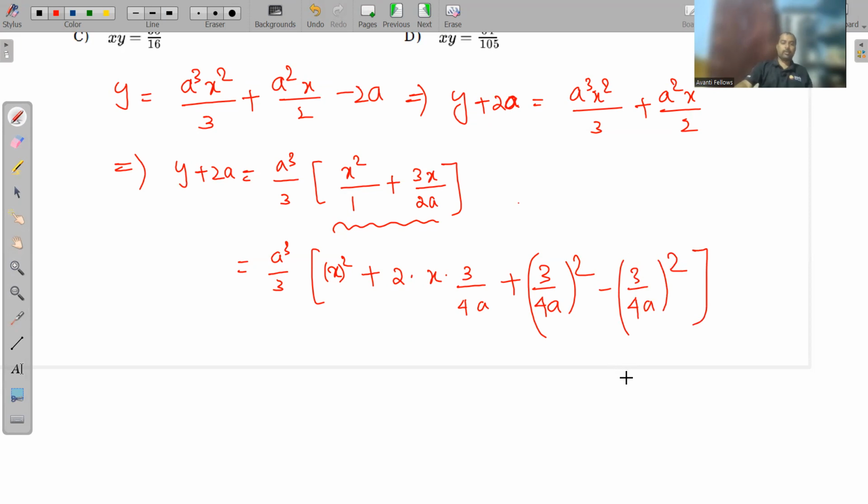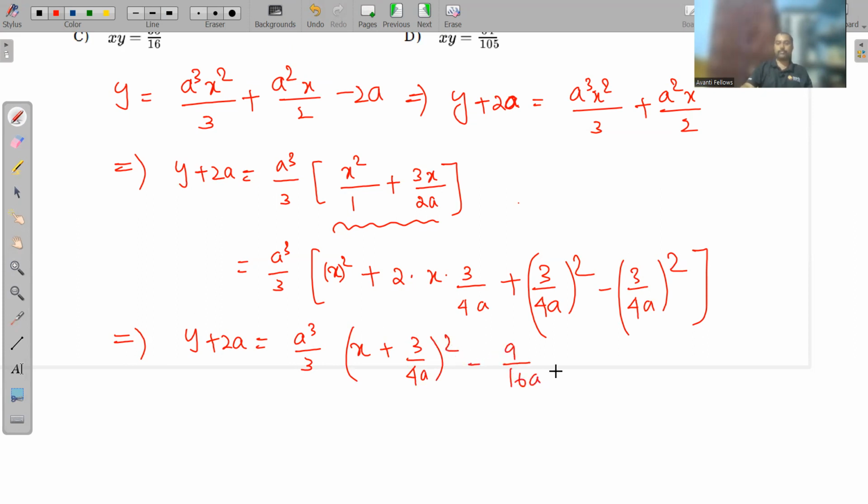Okay. So now you can see here, this becomes y plus 2a equal to a cube by 3 into x plus 3 by 4a whole square minus 9 by 16a square.